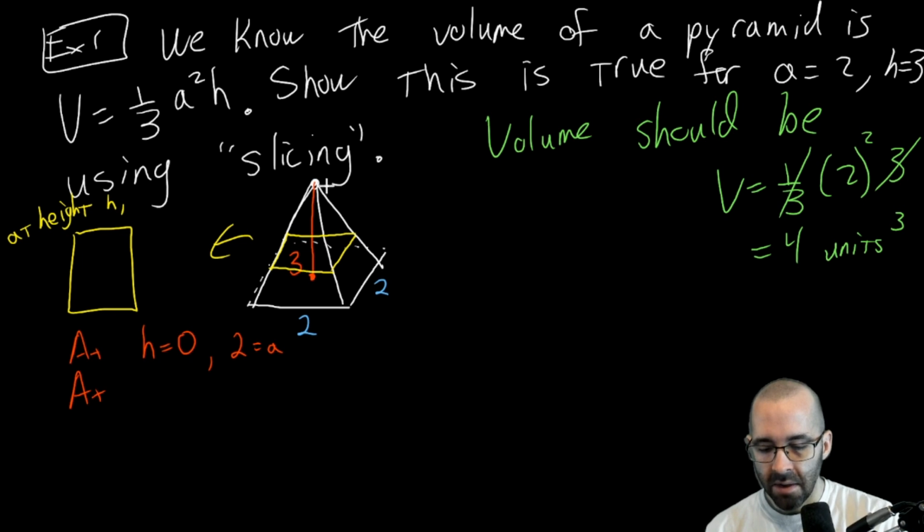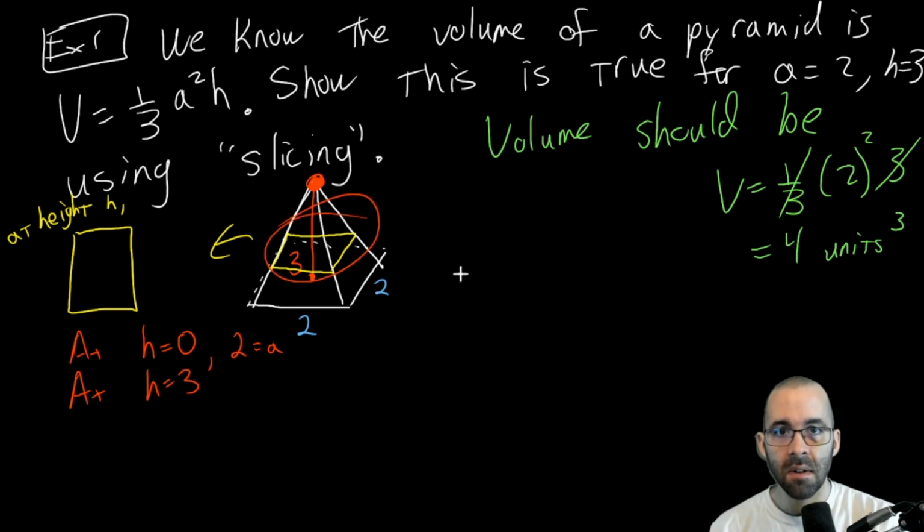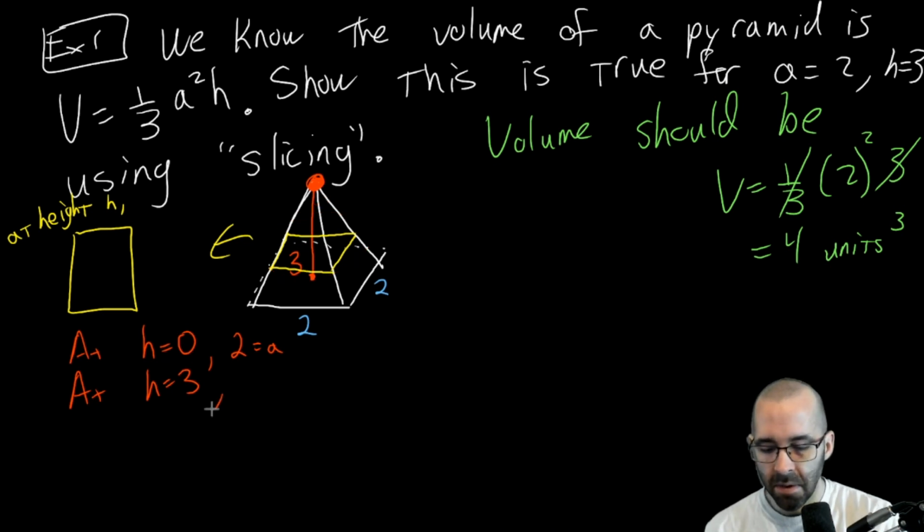When we're at the very, very top, what's the side length? Well, when we're at 3, the cross section has gotten so small, there is no side length. It's just a single point. There is no square at the top.